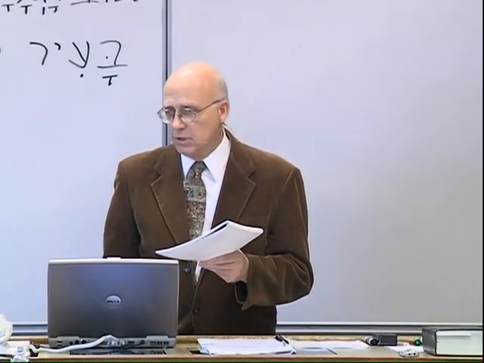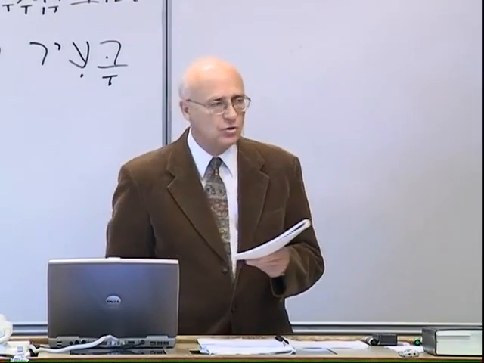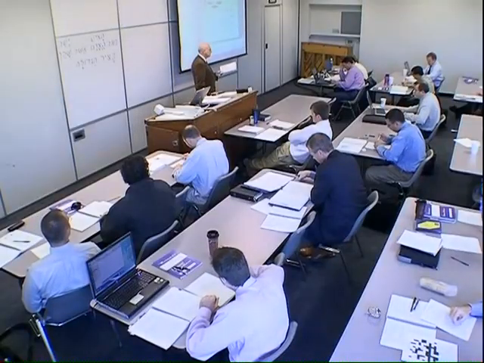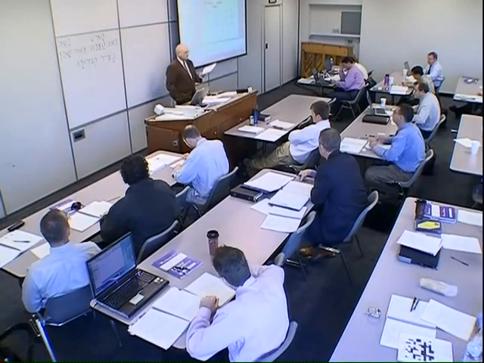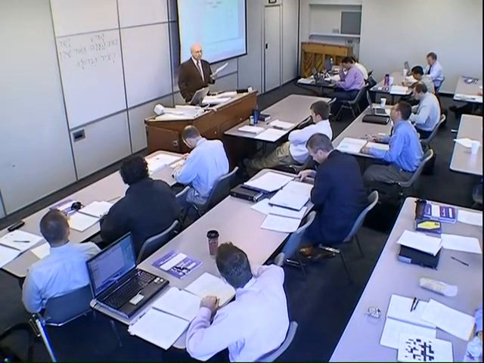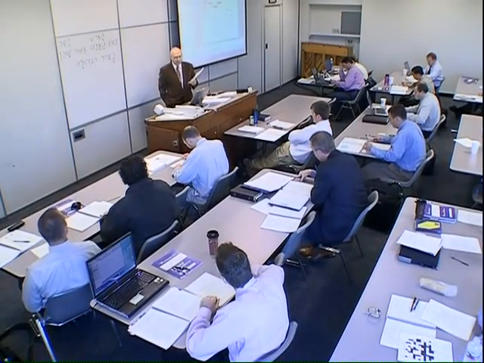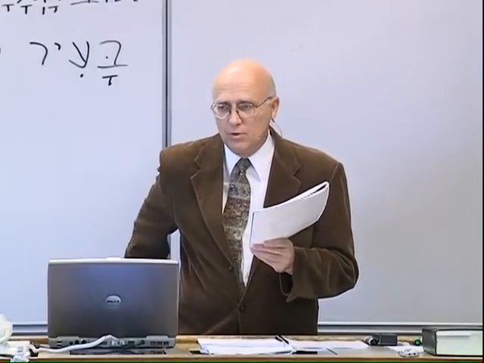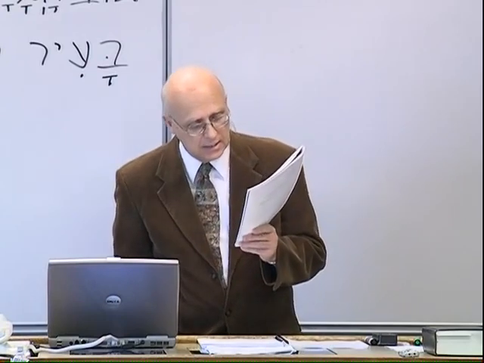Any other questions, or do you have any other translations you want to check on this one? Now, it's not "deep darkness." Tehom doesn't describe choshek. Tehom stays with penei. All right, number two, Greg?